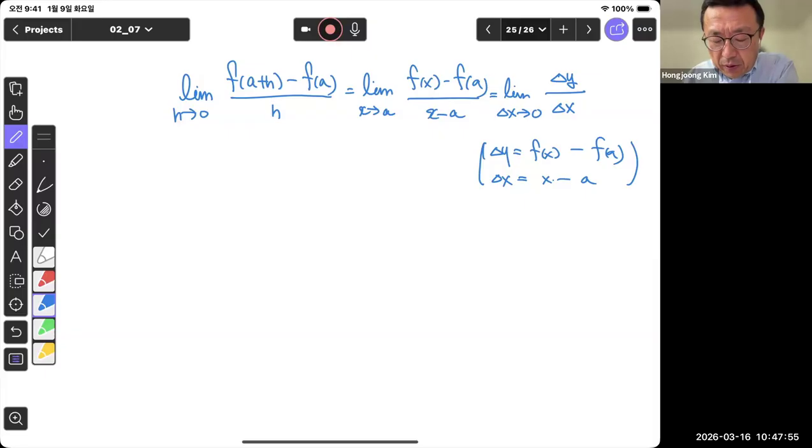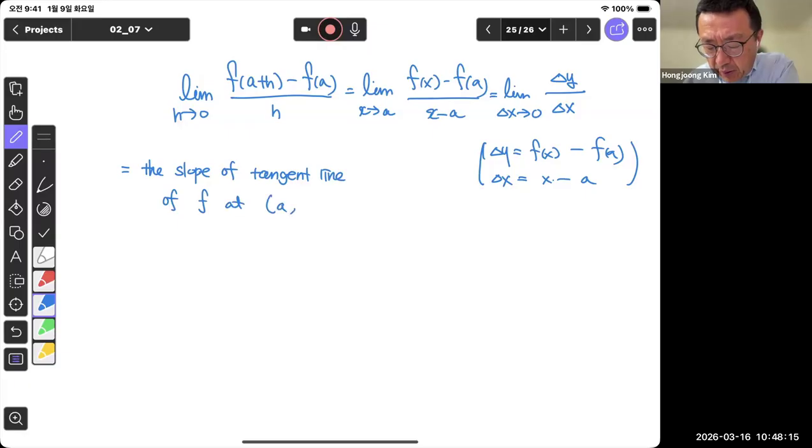And if the limit exists, graphically that represents the slope of the tangent line of f at point a and f of a.